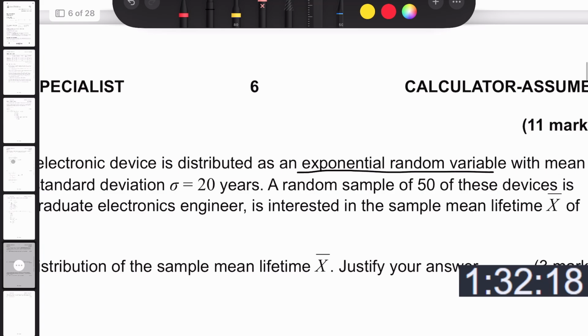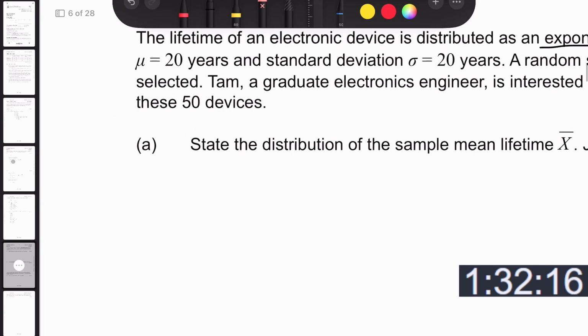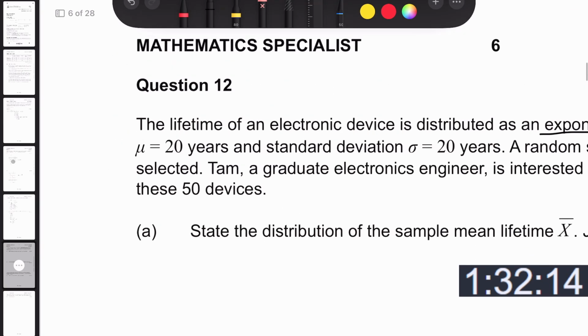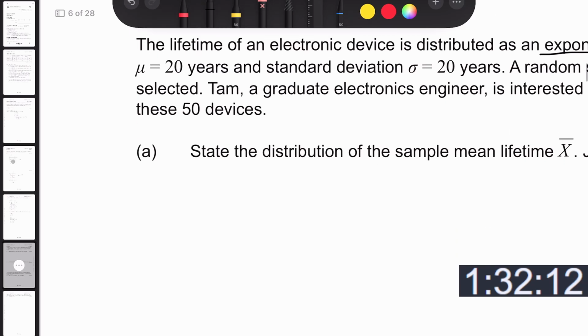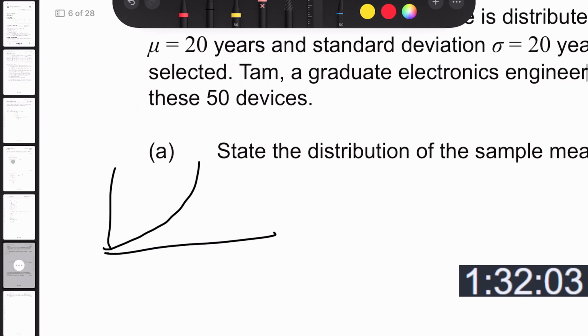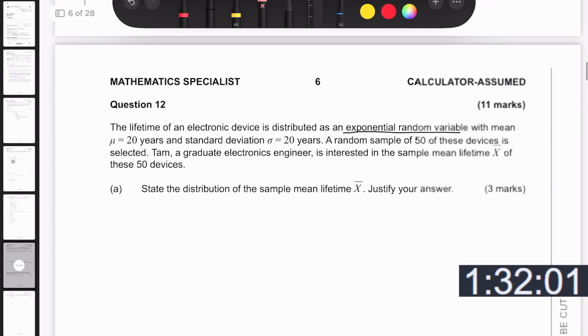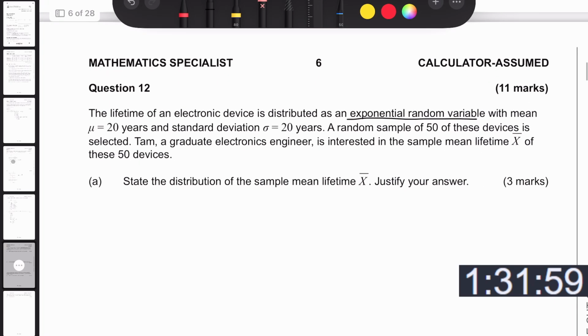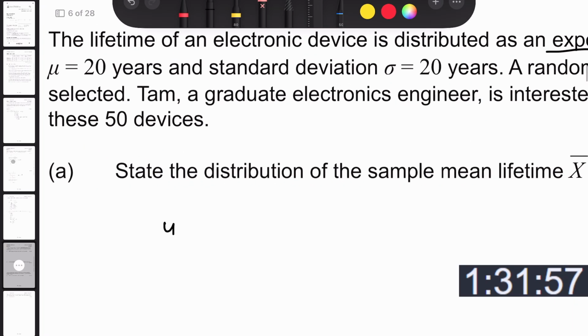This is an exponential random variable. Oh, I know, because we're looking at the sample mean. Since we're taking 50, it's going to be normal distribution. So mu is going to equal 20.